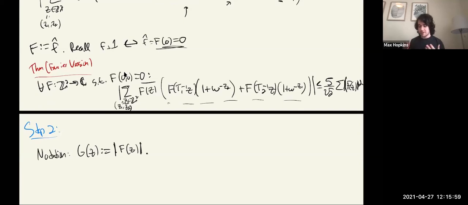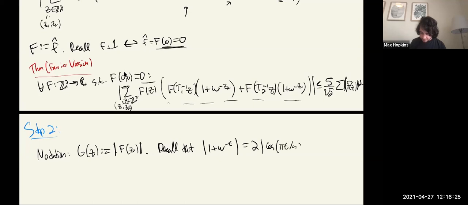There are these interesting Euler relations between roots of unity and trigonometry. In particular, I won't prove this, but recall that the absolute value of 1 plus omega to the negative t is equal to 2 times the absolute value of cosine of pi t over n.